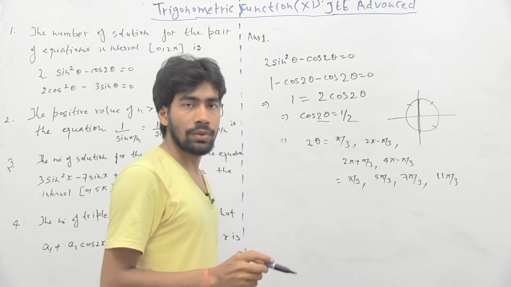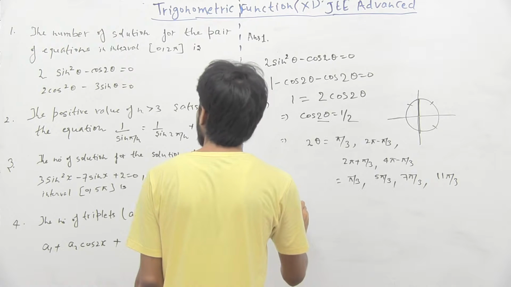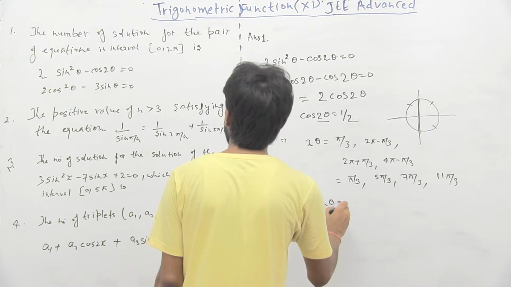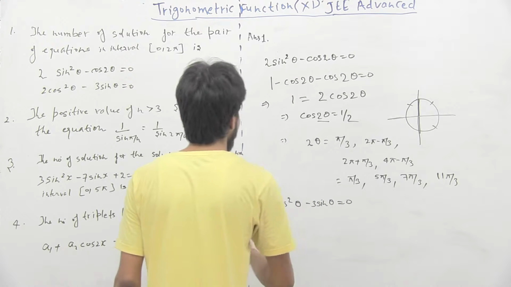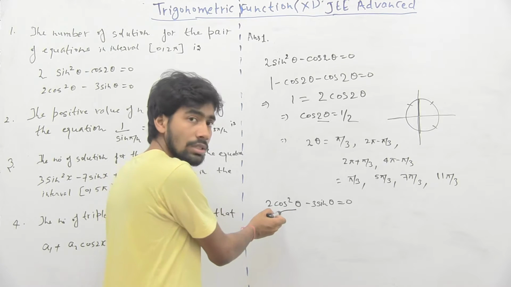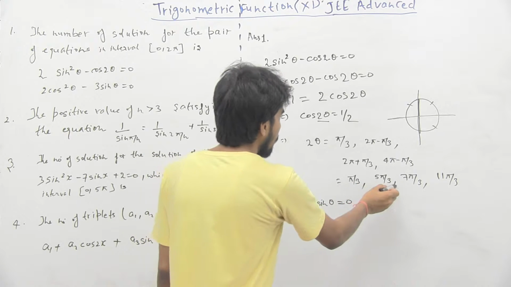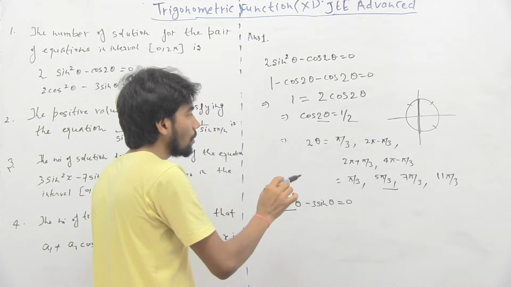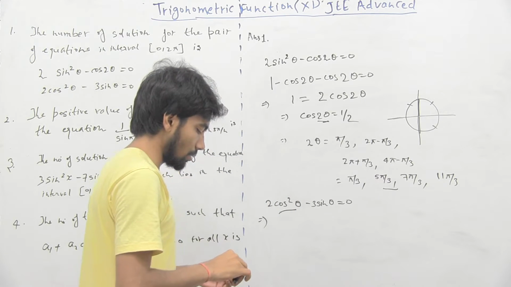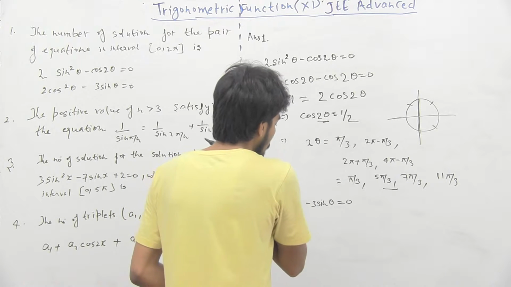Now solve the second equation. This term will always be positive, and cos 2 theta will be equal to 1 by 2.